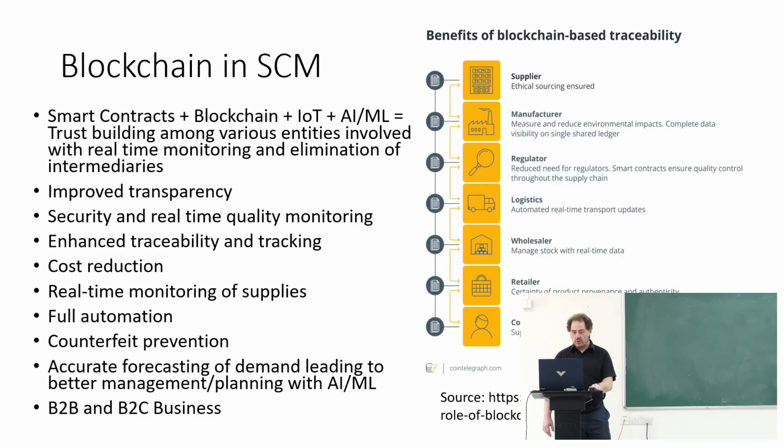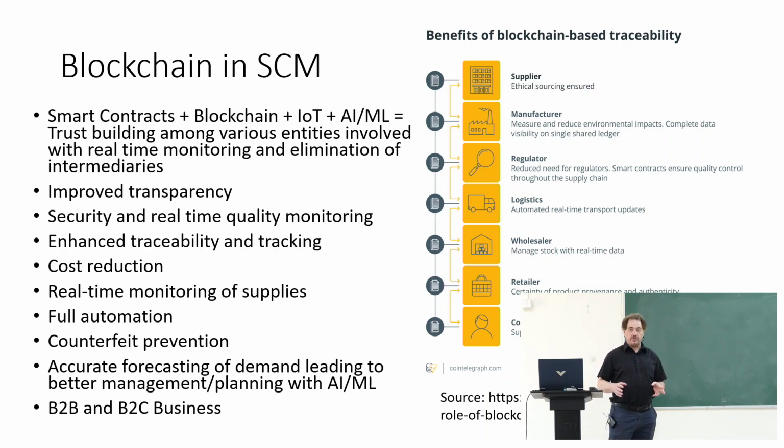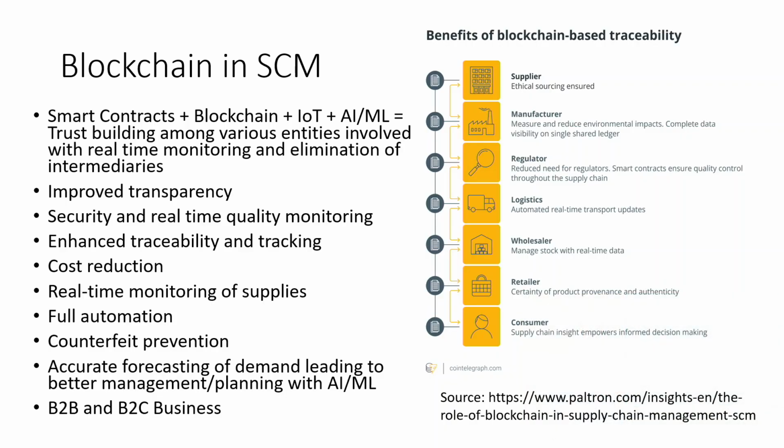Okay, so what role can blockchain play in supply chain management? So supply chain in blockchain, usually such applications are not built with the help of just one technology. You need a combination of different technologies.